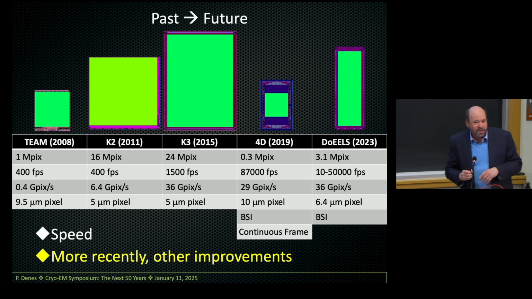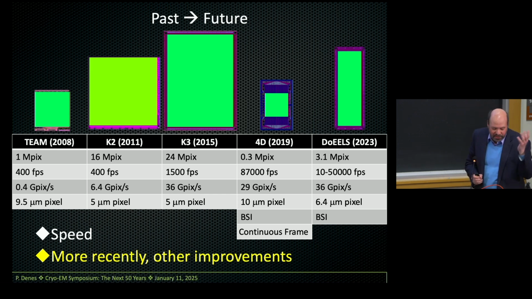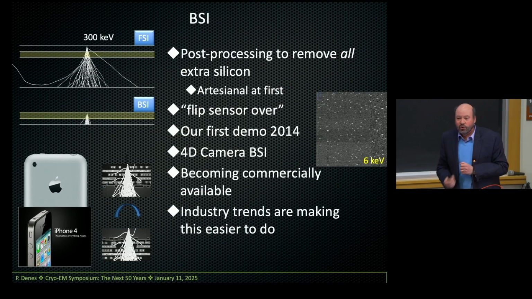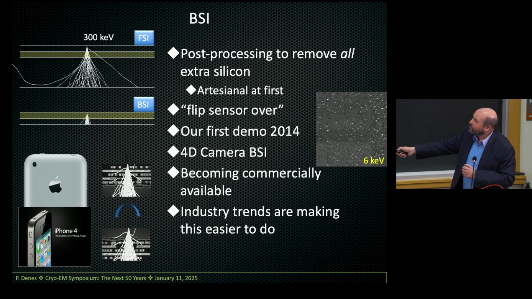So for me personally, looking at some sensor developments over the last 10 years, I was very focused on speed. Speed is useful for the reasons above, but more recently on some other improvements. One of which is to go to the kind of cell phone camera you have in your phone now, assuming your phone is at least as modern as this iPhone 4.